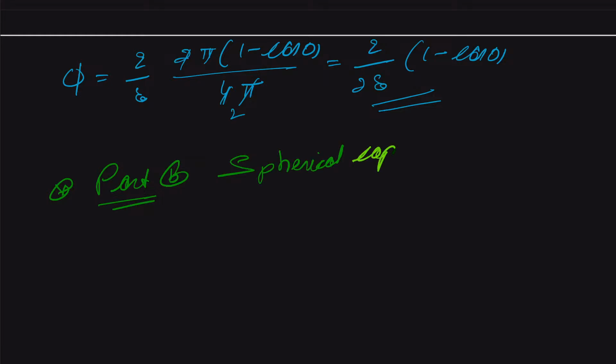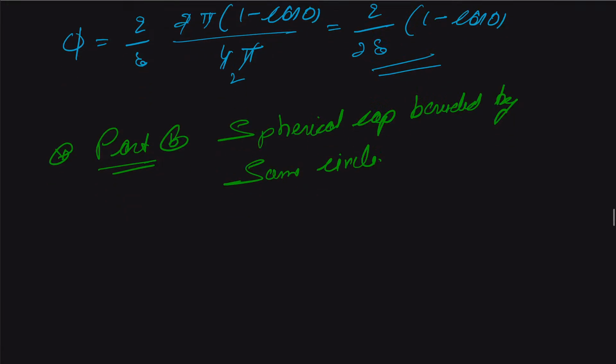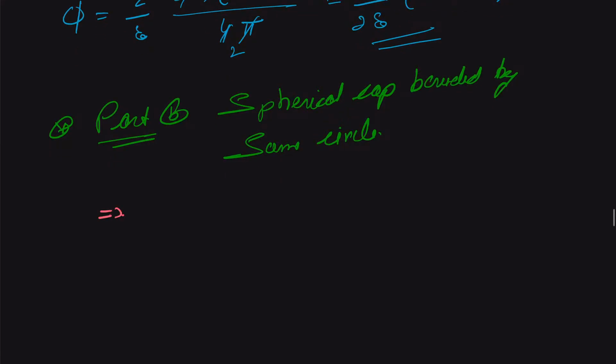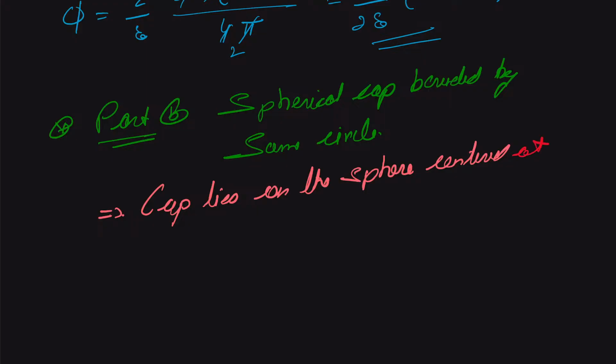We have a spherical cap bounded by the same circle, or we can say that the cap lies on the sphere centered at the charge. The sphere is centered at the charge.